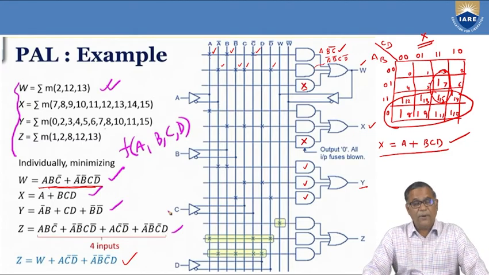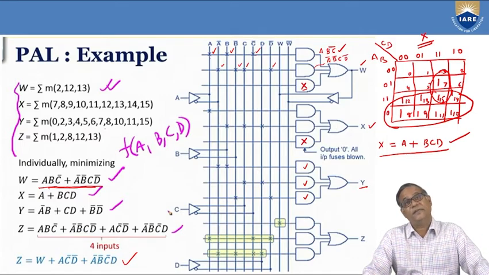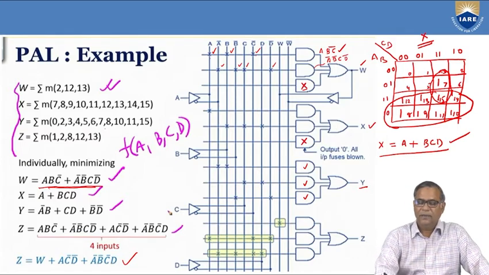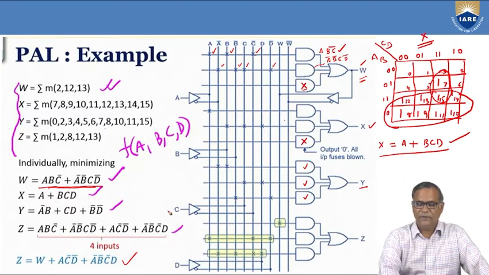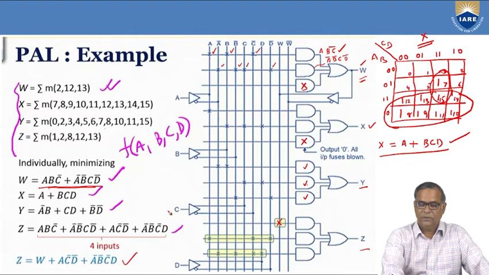But one of the inputs is the earlier function itself, W. So that is why this feedback path is used. This feedback path is used to form one of the inputs. So for Z, I am using this W and W bar. Z is equal to W, A, C bar, D bar, A bar, B bar, C bar, D. I am using W, which is coming back to the input, and I am using it here.